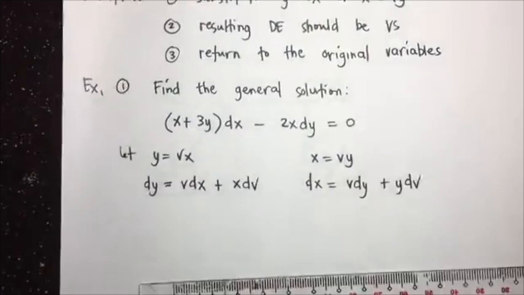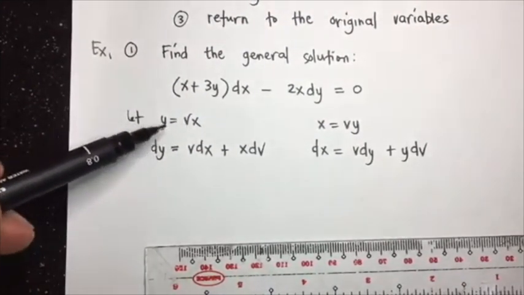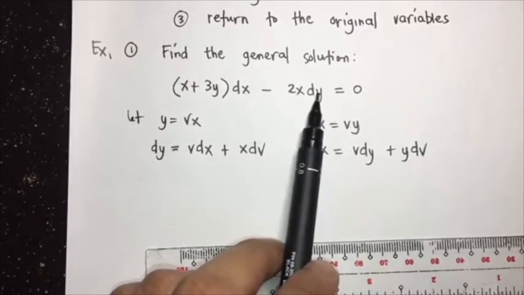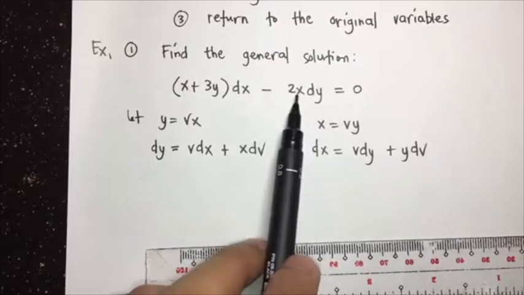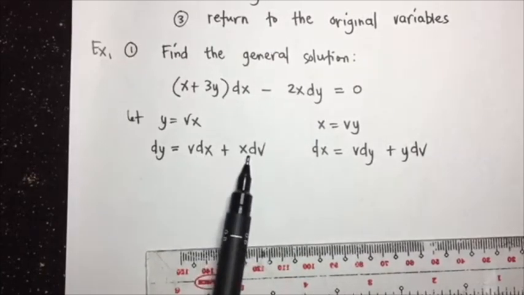Why is it that y equal to vx is easier? If we substitute dy here, we only need to distribute 2x with v dx and x dv.